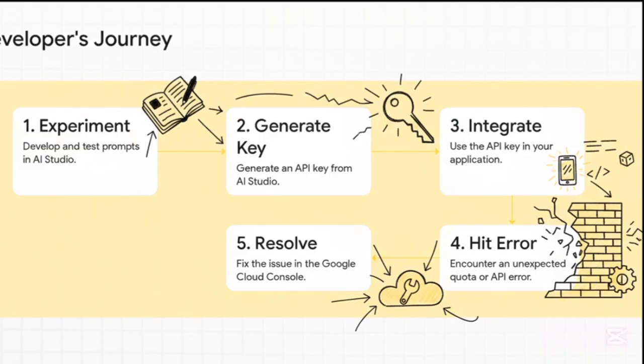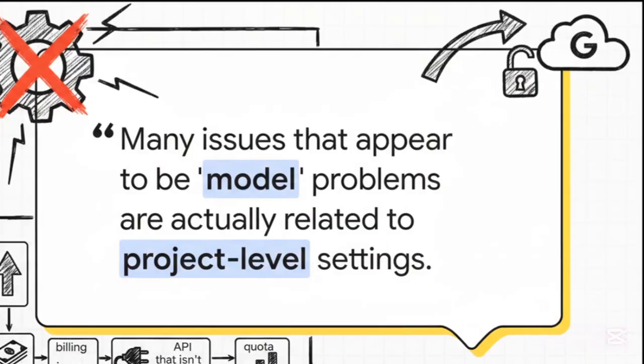That's because the problem isn't the model. The problem, and more importantly, the solution, is back in the gallery's infrastructure. It's in the Cloud Console. And this is the crucial takeaway. That frustrating error you're staring at is probably, almost certainly, not a model problem at all. It's a project-level setting. Maybe you've hit a quota, or an API isn't enabled, or there's a billing issue. And the catch is, those settings are only visible and fixable in one place.